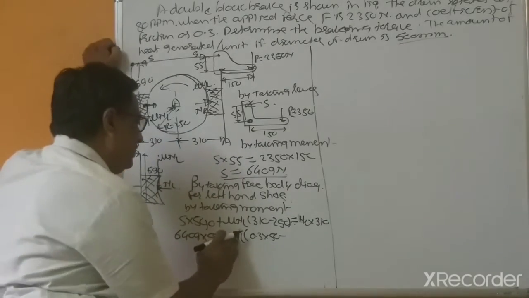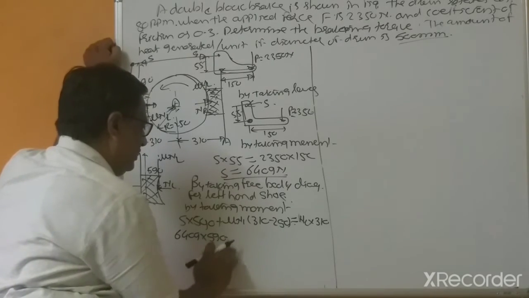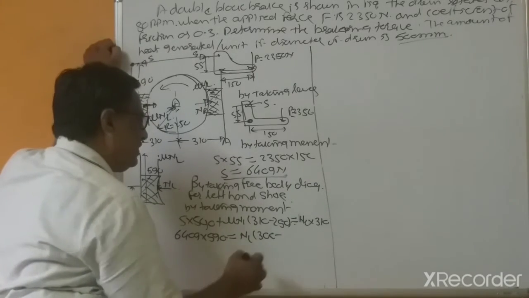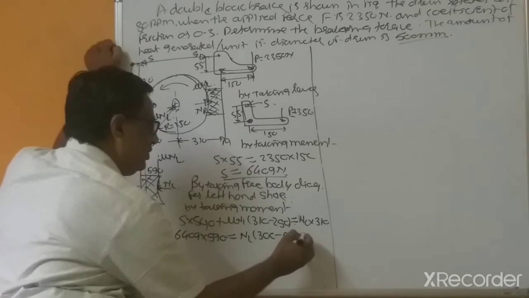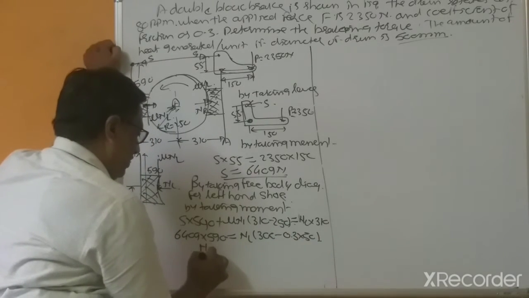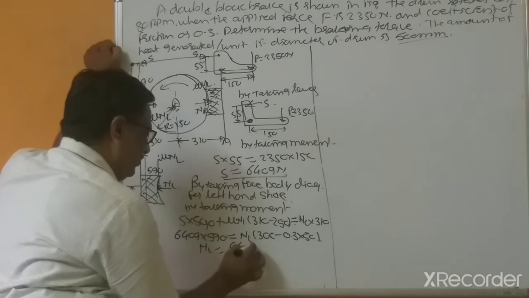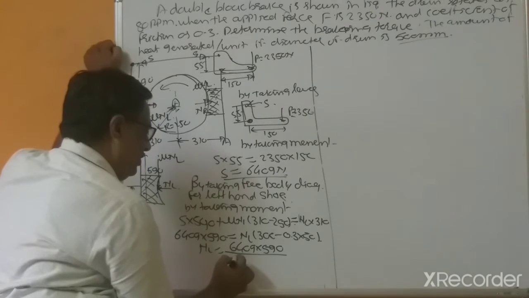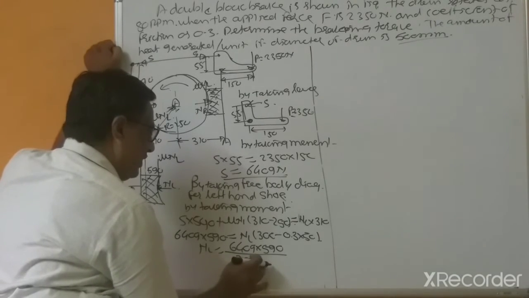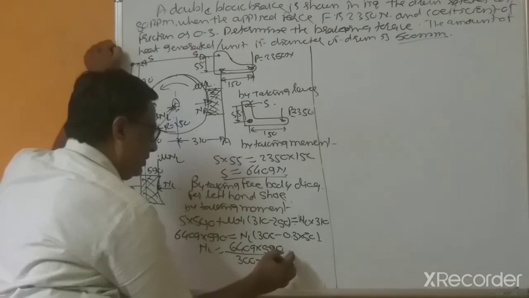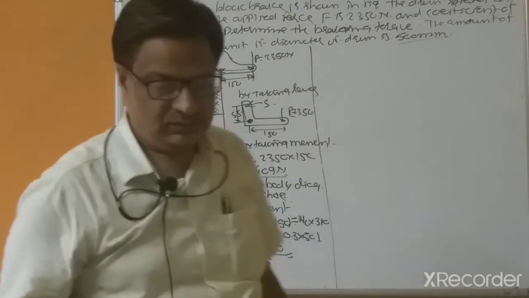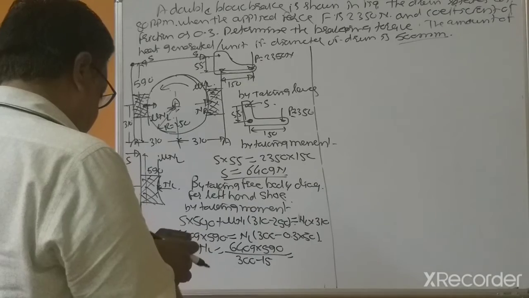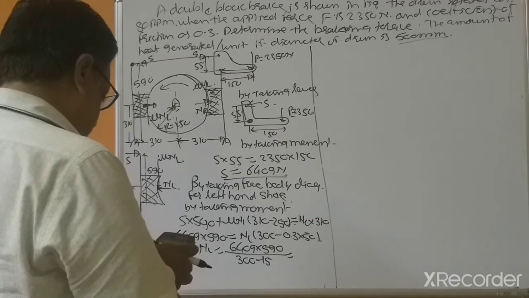Otherwise we can take this on the right hand side, so NL into 310 minus 0.3 into 250, so NL equal to 6409 into 590 divided by 310 minus 75, multiplied by 590 divided by 285.